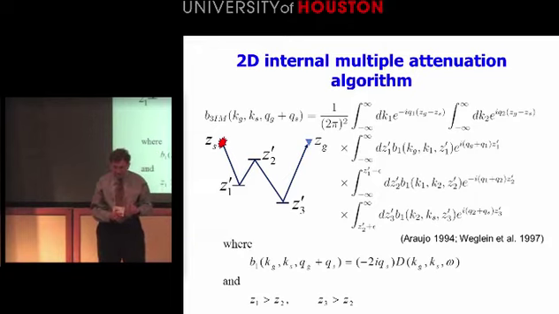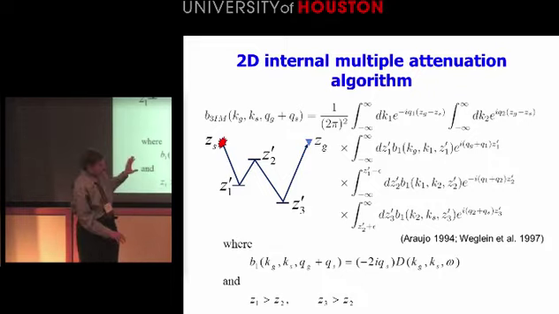And what we mean by first order is how many times it's had a downward reflection anywhere. If it's had one downward reflection at any reflector, and it's an internal multiple, this attenuates it.